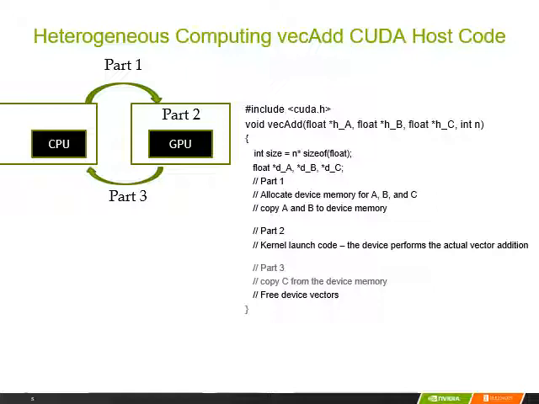In the second part, the GPU performs the kernel, and the CPU triggers this by launching kernel code to be executed on the GPU. The third part is for the CPU to copy the output data from the GPU back into CPU memory, and also to free any of the device memory that was allocated for this computation.